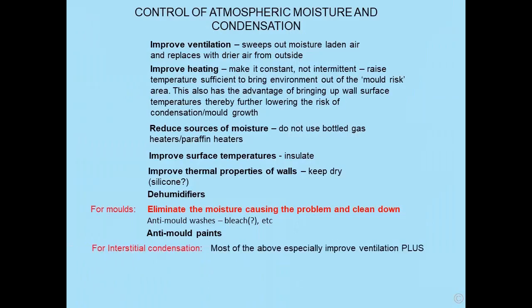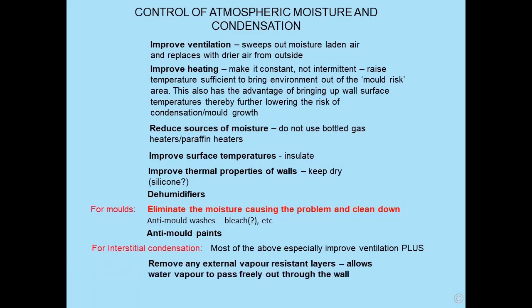And finally, for interstitial condensation, most of the above, but especially improve ventilation, plus remove any external vapour-resistant layers that allows water vapour to pass freely out through the wall, and install internal vapour control layers on the warm side. Indeed, this is to slow the water vapour movement into the wall.